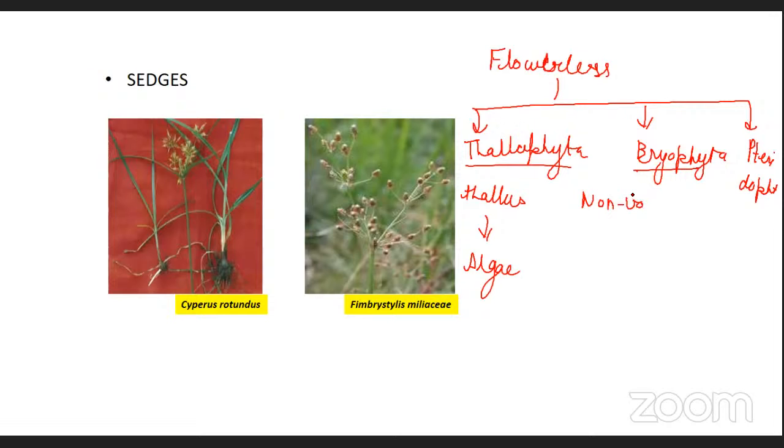They may have thallus or non-thallus structures, but the most important thing is that they are non-vascular, and an example is mosses. Then we have pteridophyta. These are seedless plants, but they are vascular in nature. And what do you understand by vascular plants? Can anyone tell me?